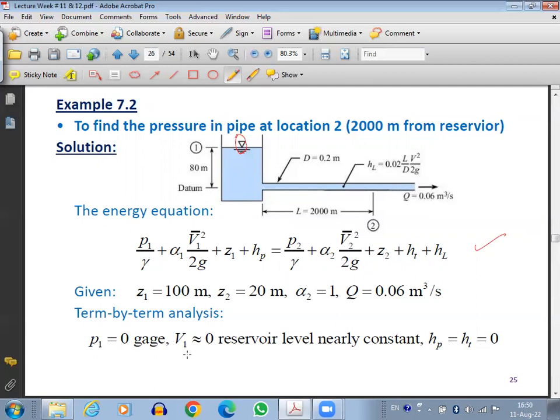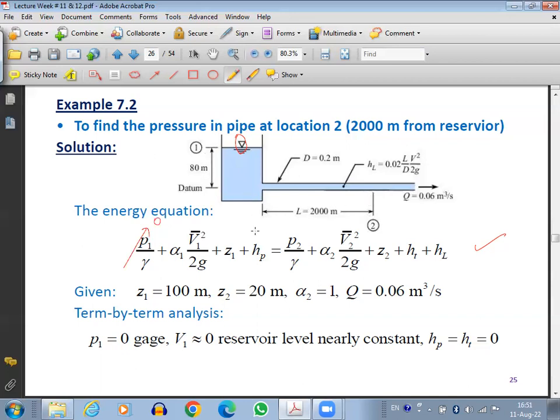Now let's look at each and every one of the terms. Let's look at point 1. Point 1 is the top of the reservoir. It is open to atmosphere. You see here this small inverted triangle, which shows that it is open to atmosphere. If it is open to atmosphere, then the gauge pressure will be 0. So P1 is 0. From point 1 to point 2, do you see any pump in between?